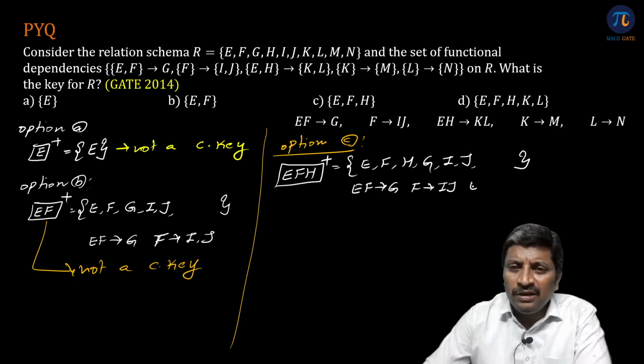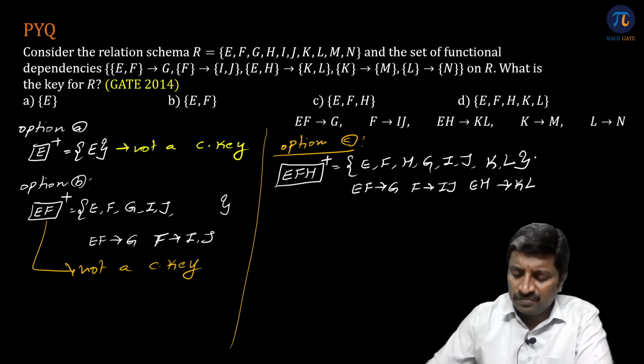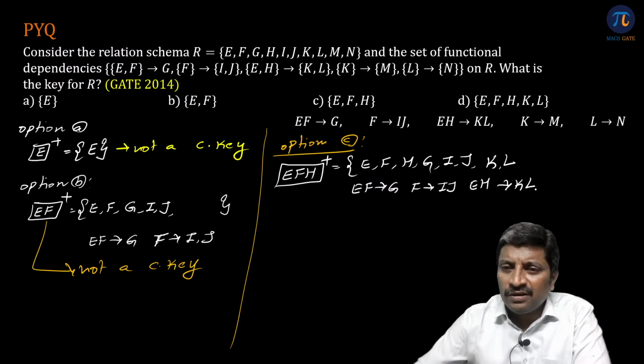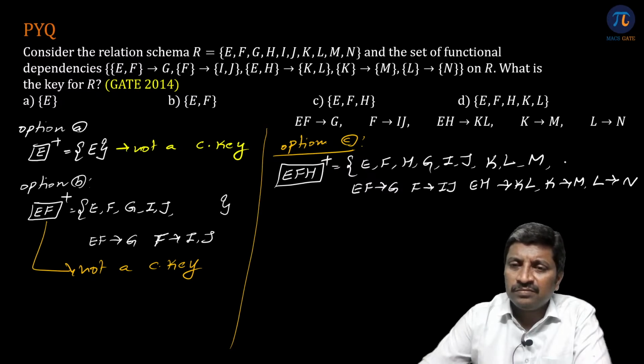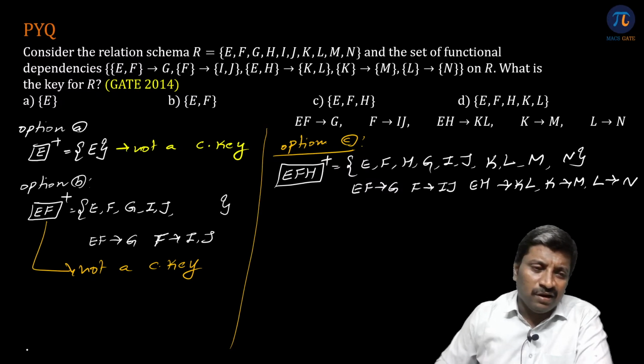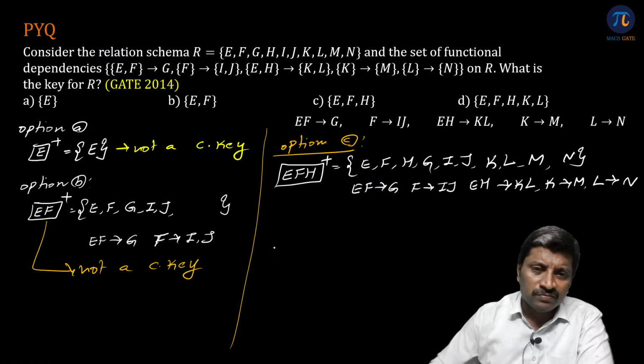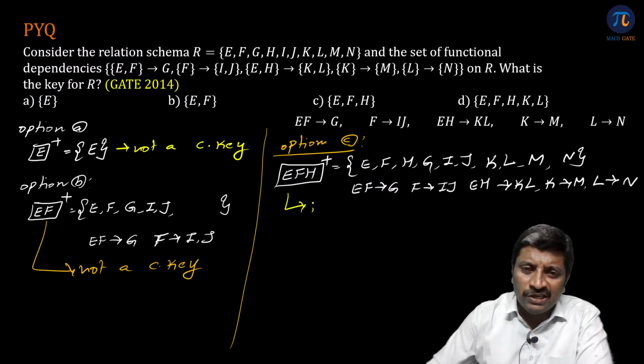Then EH implies KL. Then K implies M. L implies N. We got all attributes. So it is a key, sir.